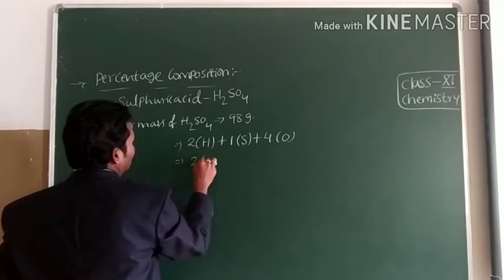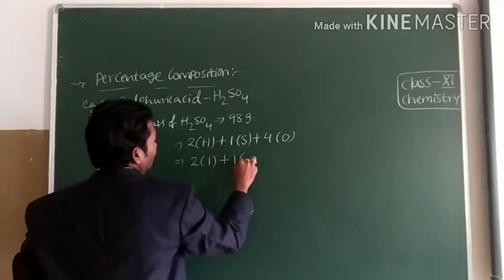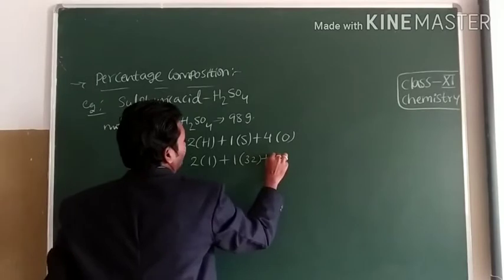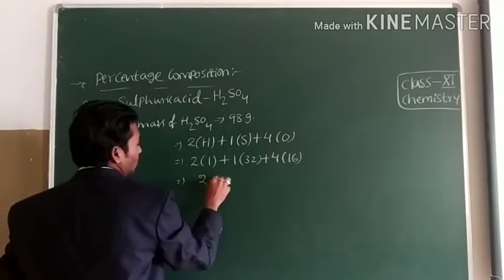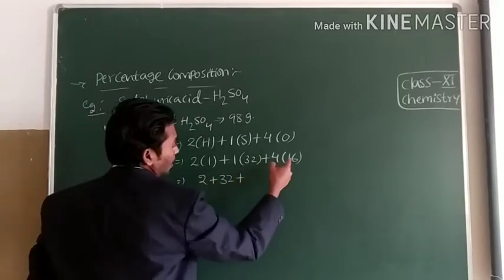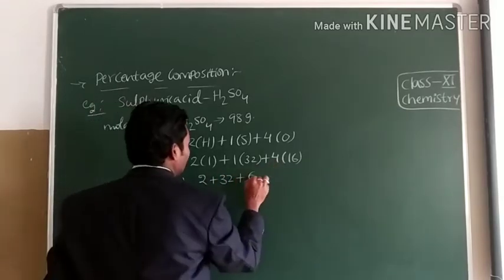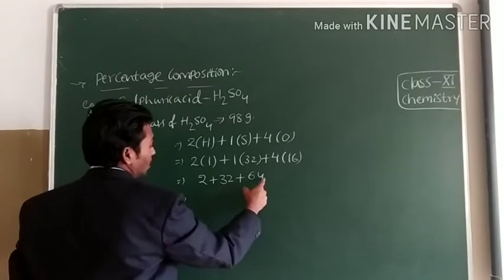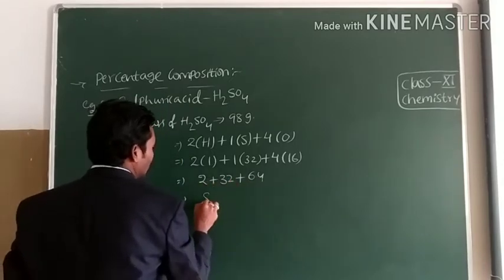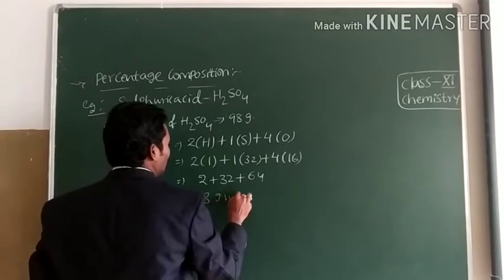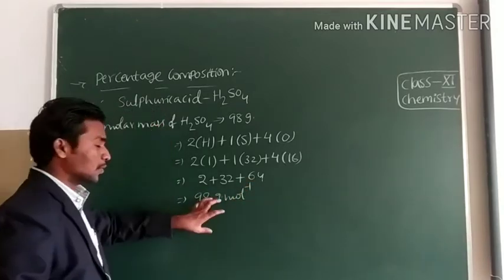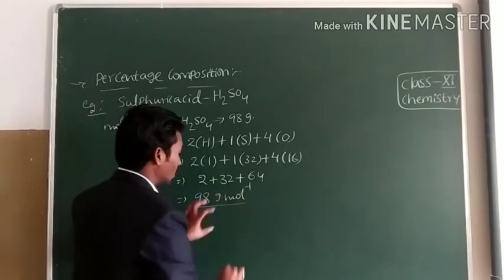Here 2 into hydrogen atomic mass 1, sulfur atomic mass 32, oxygen atomic mass 16. 2 ones are 2, 32, plus 4 sixteens are 64. 64 plus 32 plus 2 gives 98 gram per mole. So 98 gram per mole is the molar mass of sulfuric acid.